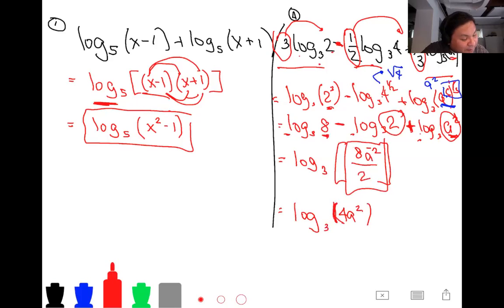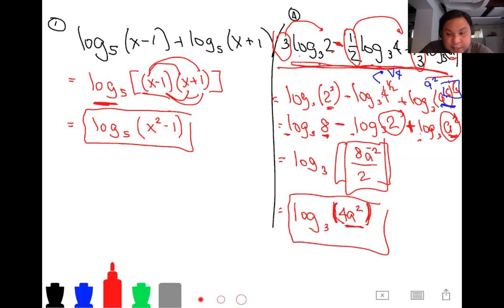But by putting this in parentheses, I am clearly telling you that you need to take the logarithm of 4a squared, the complete expression. So therefore this would be number 4's simplified expression as a single logarithmic expression.